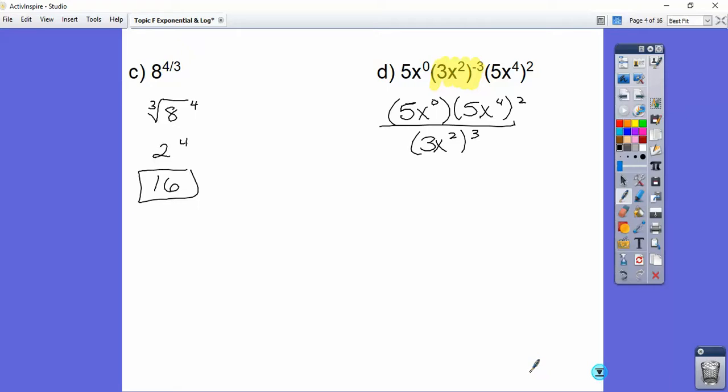Okay, from there, we can start simplifying. If we have that power to a power, we distribute it. So that becomes 5 squared, or 25, x to the 8, over 3 to the 3rd, or 27, x to the 6th.